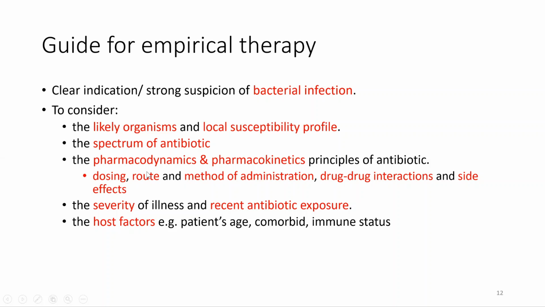Another technical issue to consider is the pharmacodynamics and pharmacokinetics principles of the antibiotic. What is the dosing amount and volume, the route or method of administration, presence of any drug-drug interaction, and consider also the side effects of the drugs. These are among the things that you should consider to guide your empirical therapy.